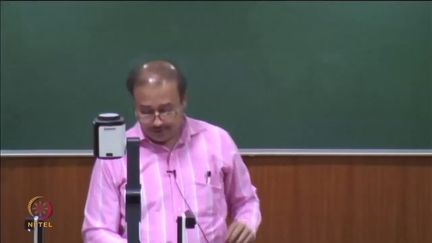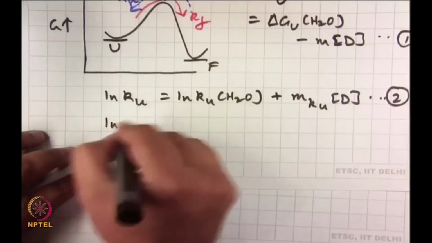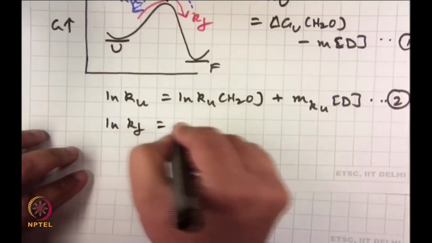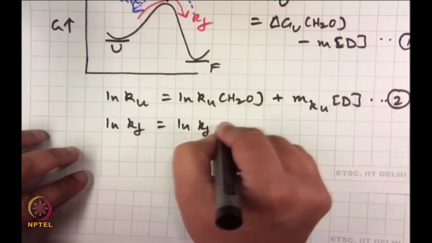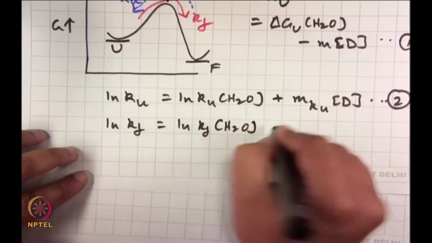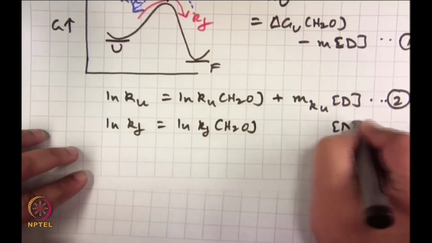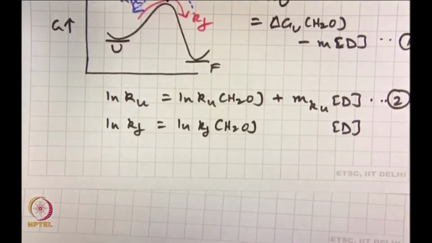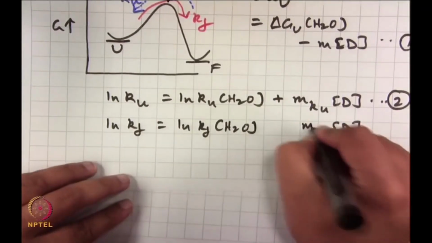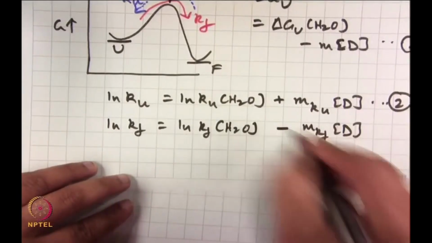Now, if this is the case, then you can understand for the folded form I would be having something like this: ln Kf is equal to ln Kf in H2O, d. I am going to have mKf, but I will be having a minus here.